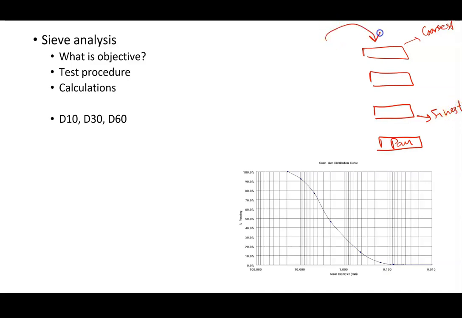Then we put our soil sample, we shake sieves, and we do the calculation to get our gradation curve or grain size distribution curve, which shows percentage passing of particles from each one of these sieves. So each data point is percentage passing from a sieve.